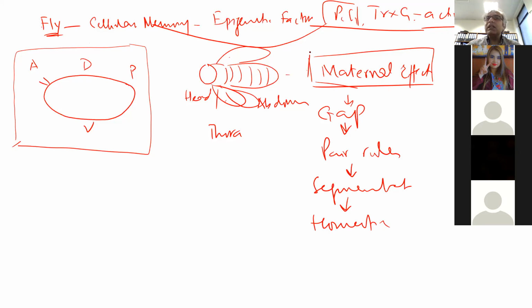What they discovered from these maternal genes is that mothers, when the egg is still in the ovary, in the process of egg formation, deposit certain messenger RNAs which are anchored at the anterior pole of the egg or the posterior pole of the egg.